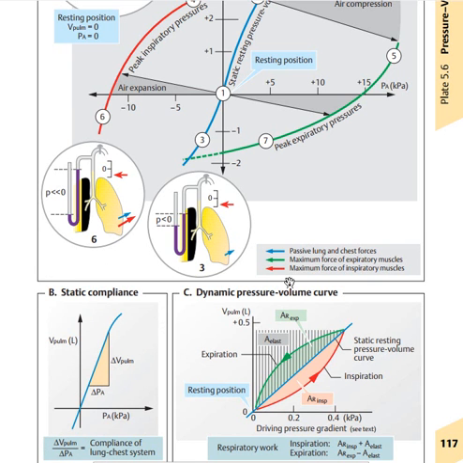So now you have the next one, which is the dynamic pressure volume curve. The dynamic pressure volume curve is the actual volume pressure curve that the lungs are going to move along. You need to know that during inspiration, this is an active movement, while during expiration it is passive.